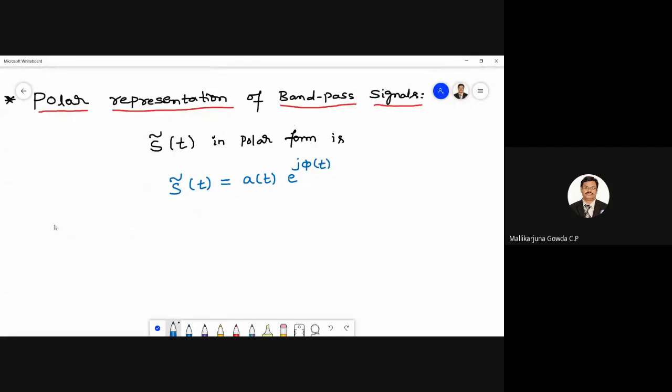So here A of t and phi of t are both real valued low pass functions.